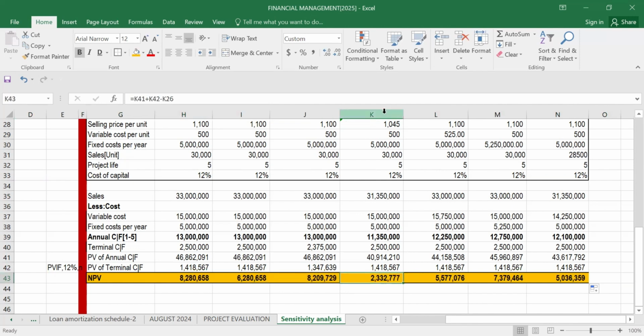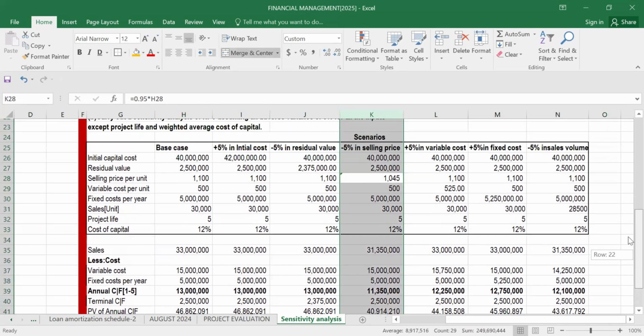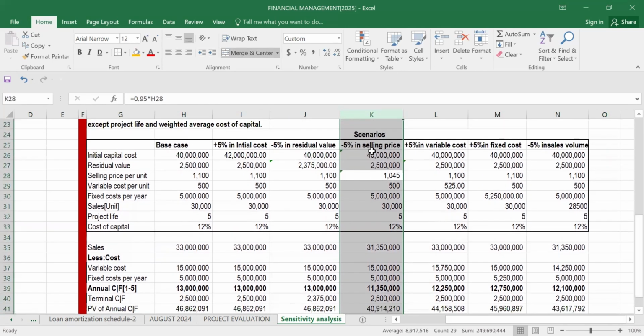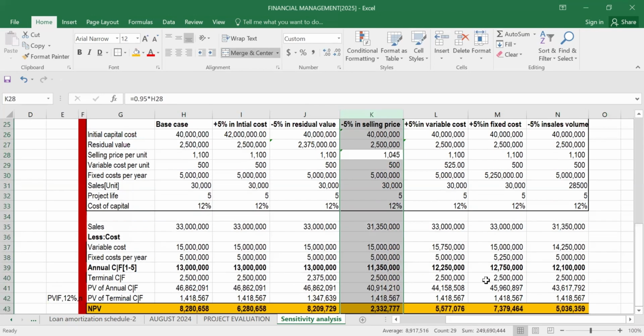So which variable is this? This is selling price. If you reduce the selling price by 5%, then that is adversely affecting our NPV. The other one is this one, variable costs. And also this one, sales volume.